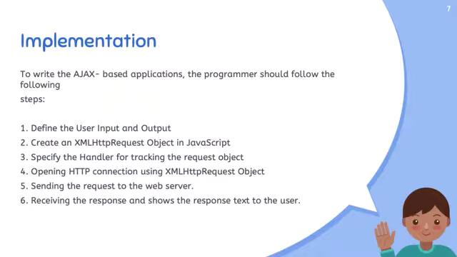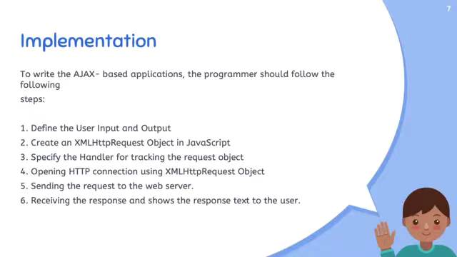For implementing Ajax in PHP, every developer needs to follow 6 steps to properly configure Ajax calls. First, we need to have a clear view of input and output, that is, defining input and output. Second, we need to create an object for XMLHttpRequest in JavaScript.